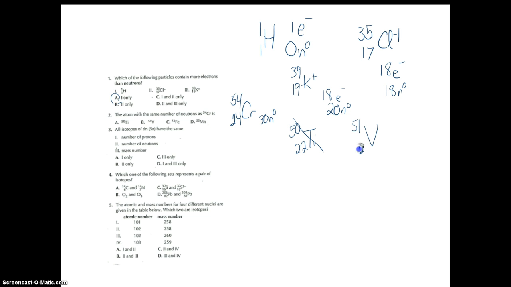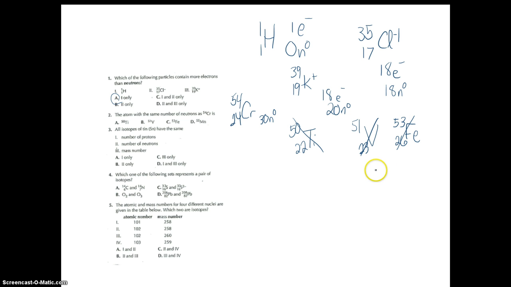Has an atomic number of 23. That gives us 28 neutrons in there. Nope. Iron. Man. Alright, mass of 53, and iron is atomic number 26. And 53 minus 26 is 27. Still don't have the same number of neutrons there.